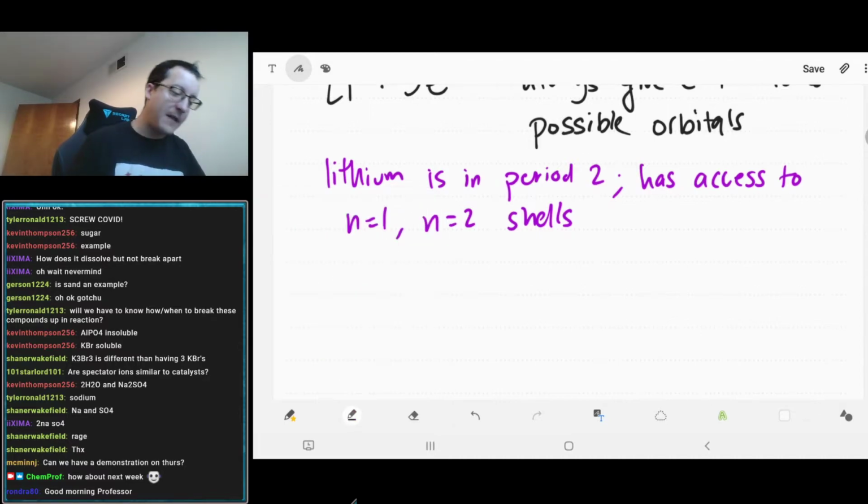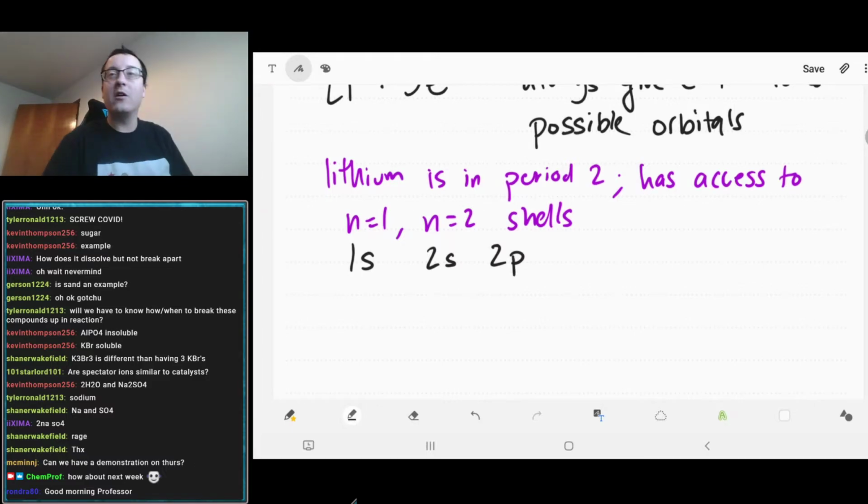So, thinking about that, we know that for the first shell, there's only one orbital in there, one subshell. In the second one, we have a 2s orbital, and we also have the 2p subshell.